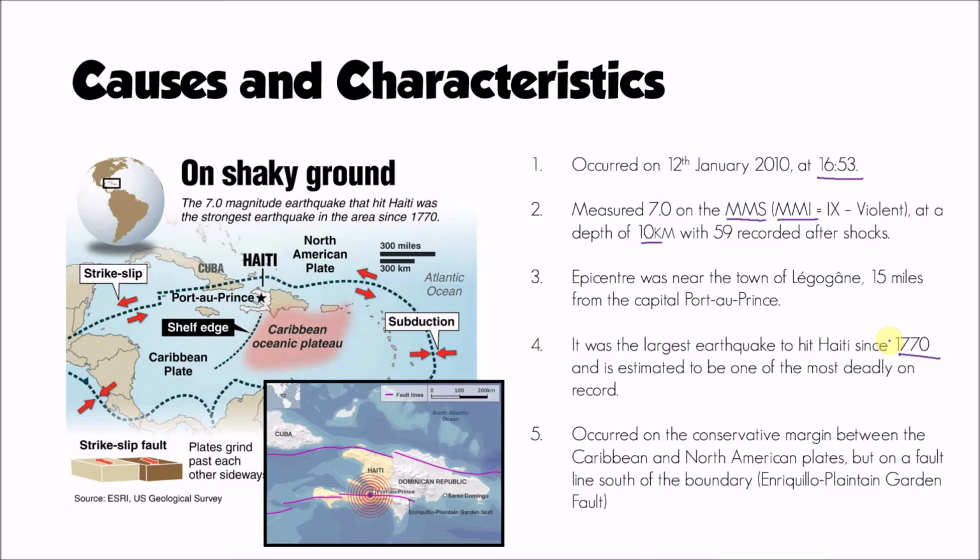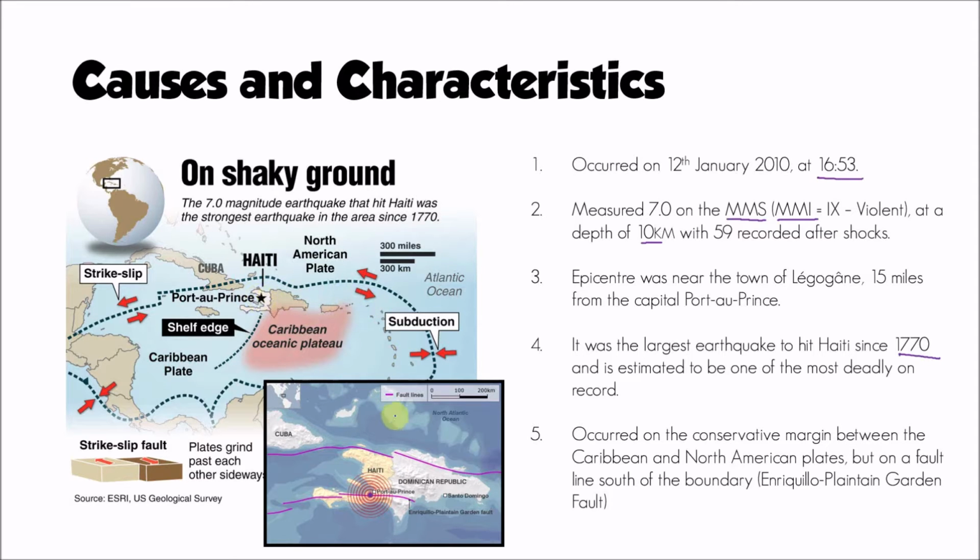In terms of the causes of the earthquake itself, it was caused as a result of the movement of the North American plate and Caribbean plate next to one another in a conservative plate margin, or a transform or strike slip movement. So we can see here the North American plate is moving west and the Caribbean plate is moving east.